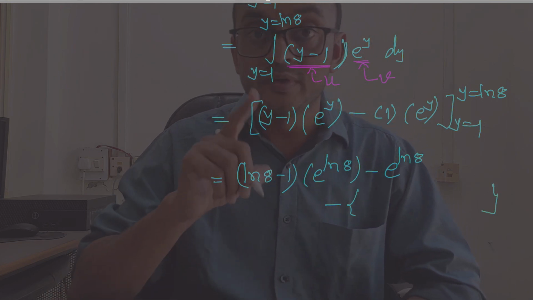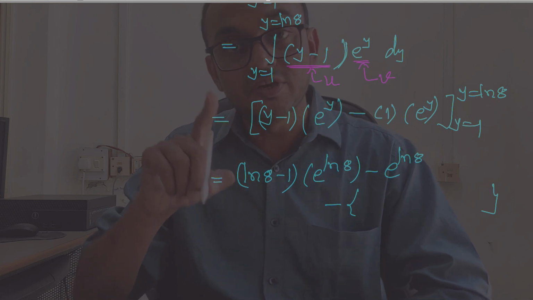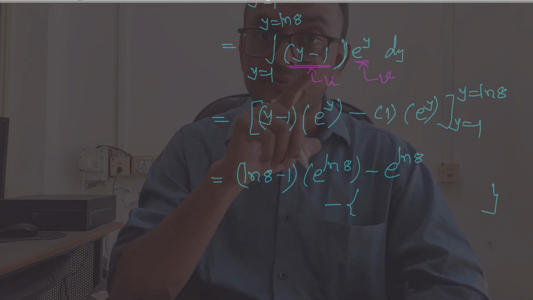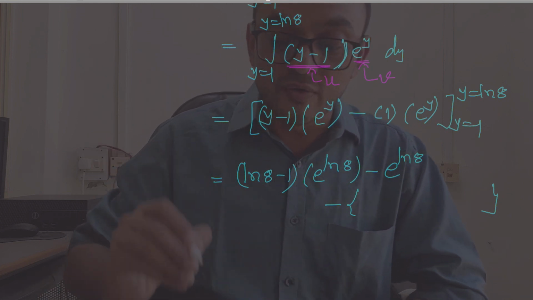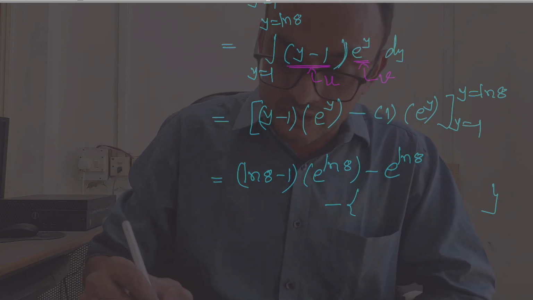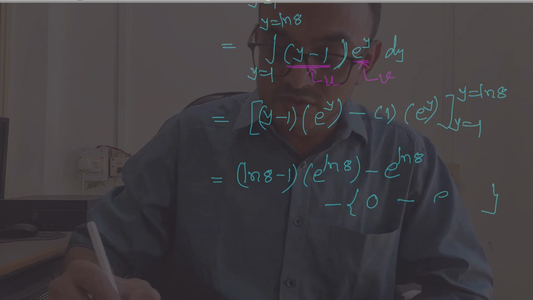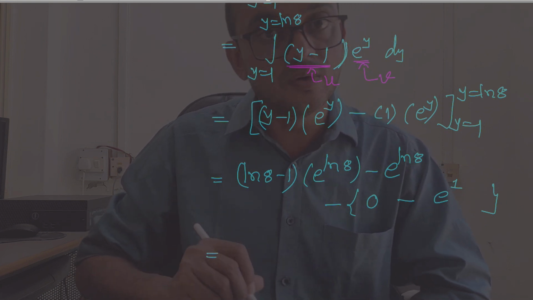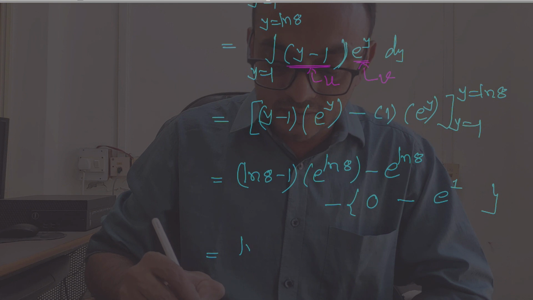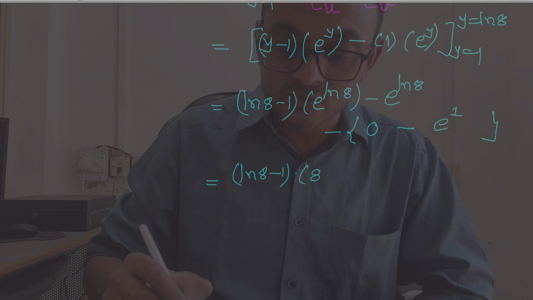As I told you repeatedly, whenever I substitute lower limit, first I write minus sign, then everything I have written in the bracket. So when y is equal to 1, 1 minus 1 is 0. So this is 0. Minus sign. Y is 1, so this is e raised to 1. And therefore, this is equal to (ln 8 minus 1) into e raised to ln 8, which is what?